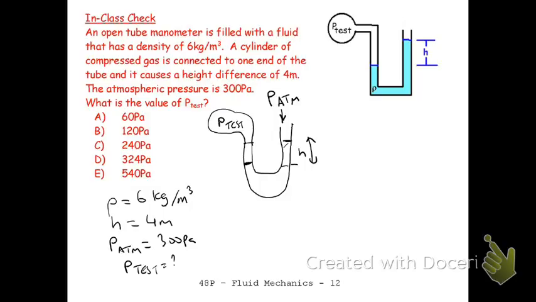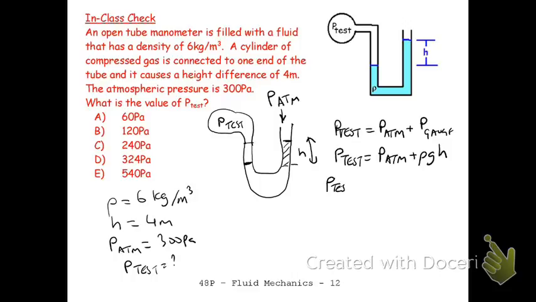There's my P gauge. So P test is equal to P atmosphere plus P gauge. P test is equal to P atmosphere plus rho GH.